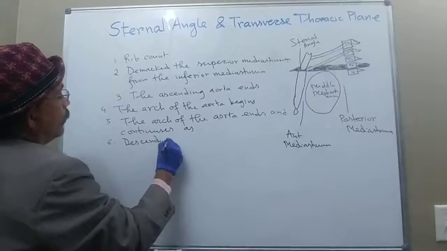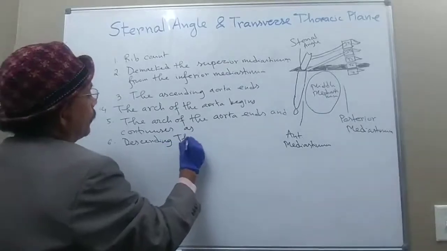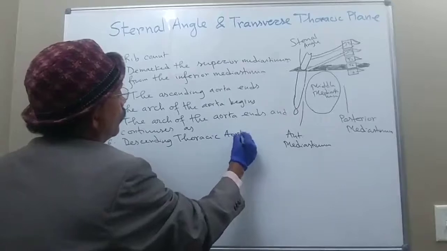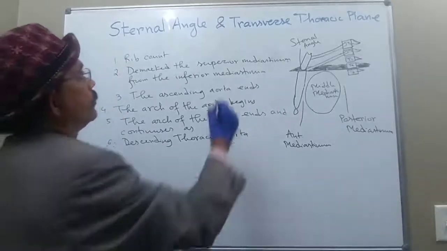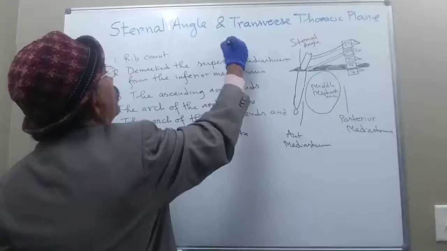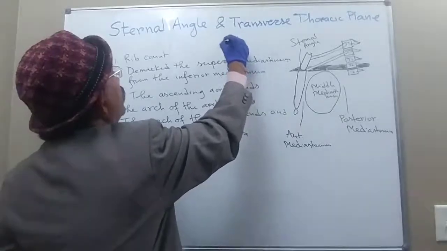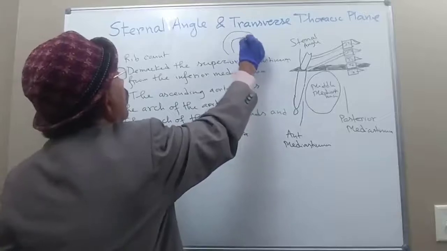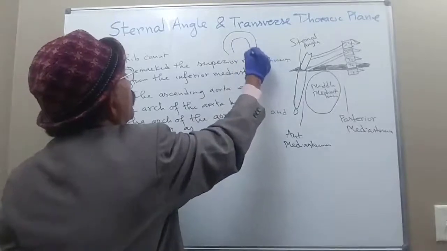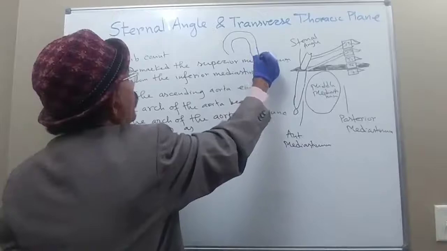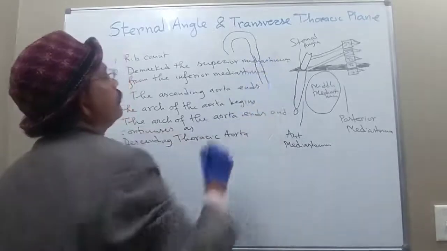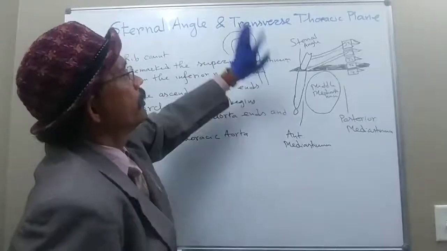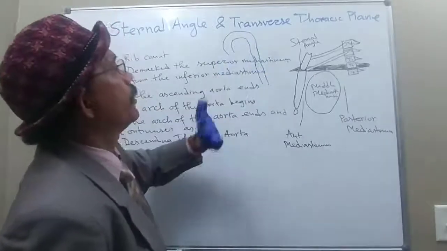So the ascending aorta ascends, then the arch of the aorta continues, and then the descending thoracic aorta. This is the arch of the aorta, and this is the descending thoracic aorta.